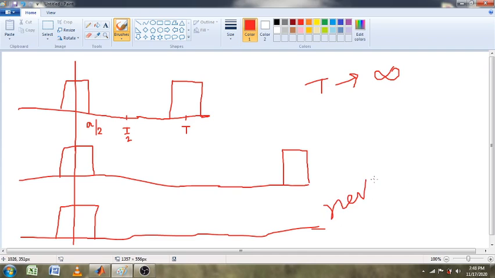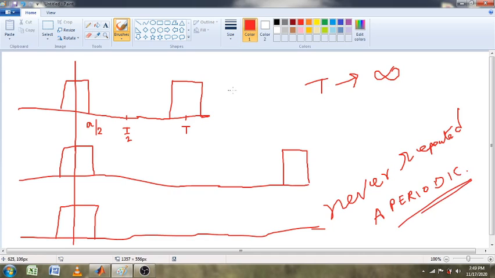In other words, it becomes an aperiodic signal. So if you start with a periodic signal with a time period of T and let T tend to infinity, you are essentially dealing with aperiodic signals which are never repeated.